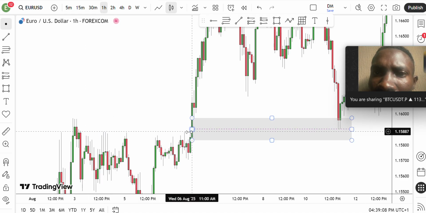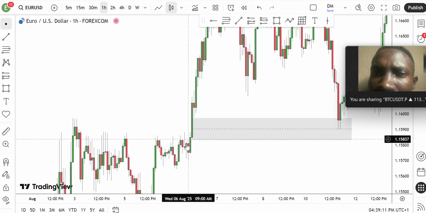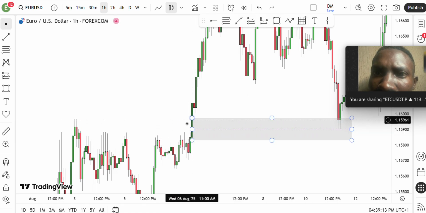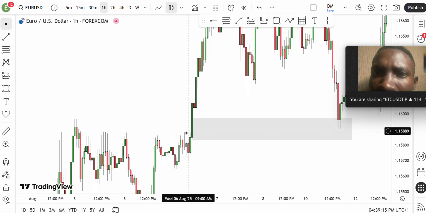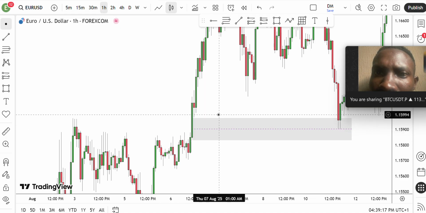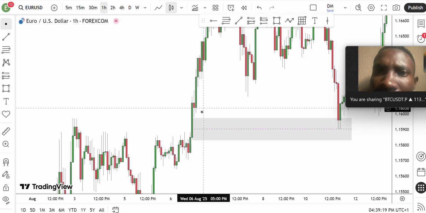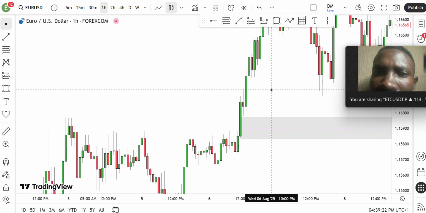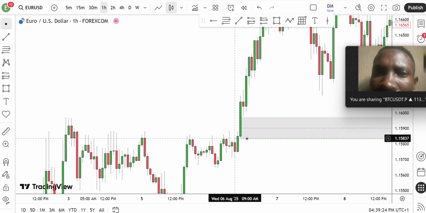When we've had a supply fail, the candle that broke that supply can be used as a breaker block. So this particular candle was the one that broke. All of them had been rejecting, then this one came and broke through.